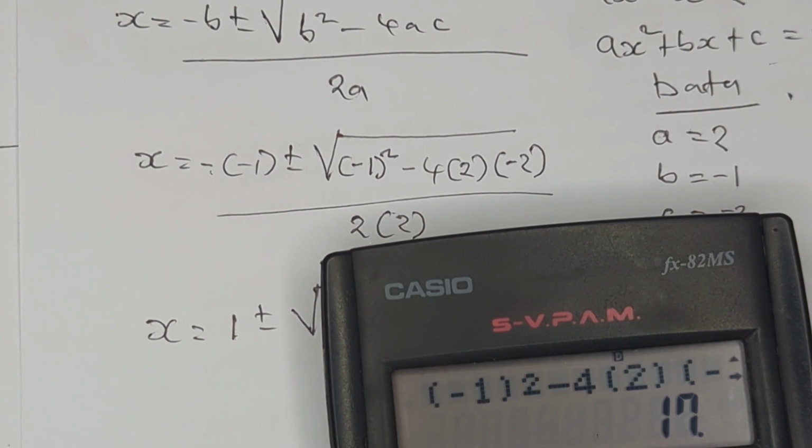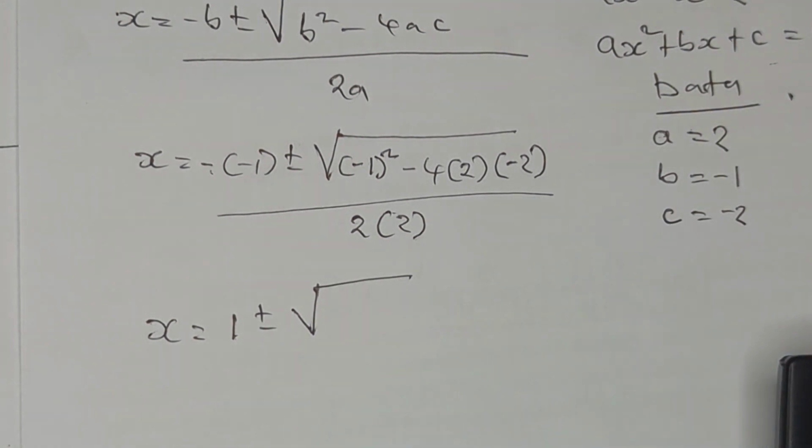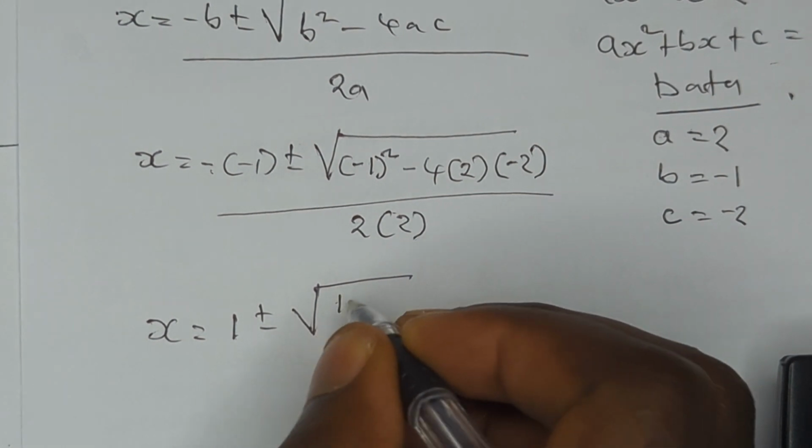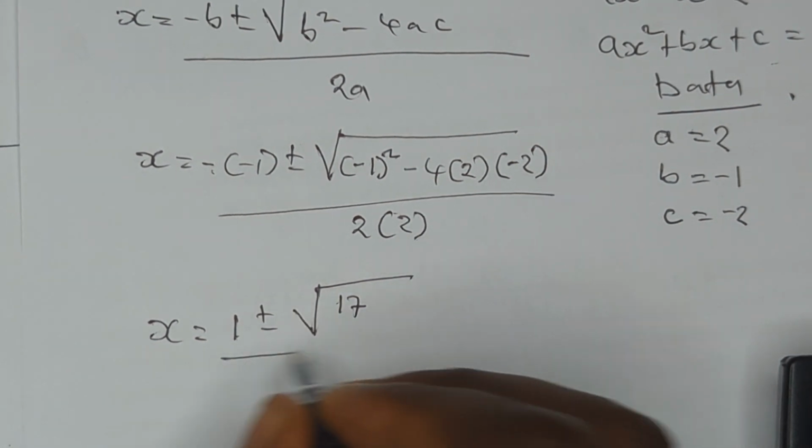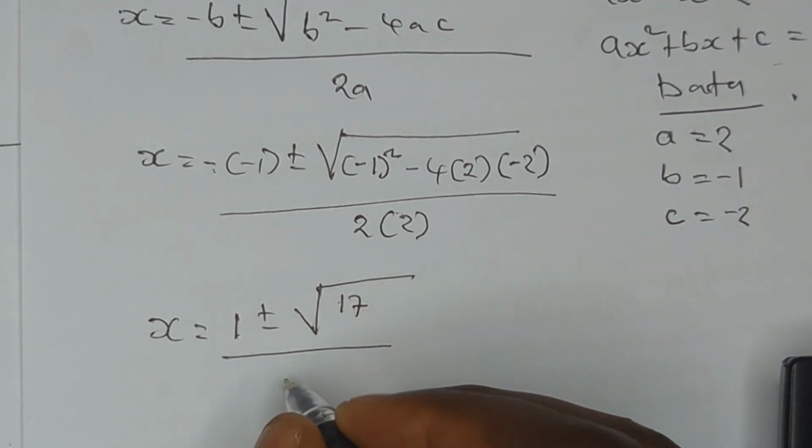So this is giving us 17. So inside the square root, we have 17 over 2 multiplied by 2.